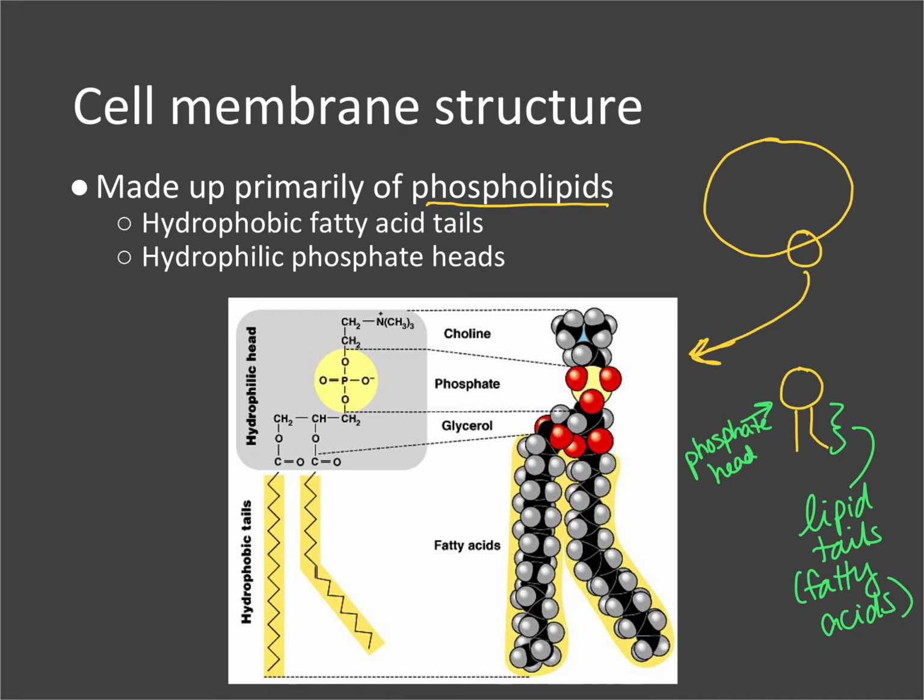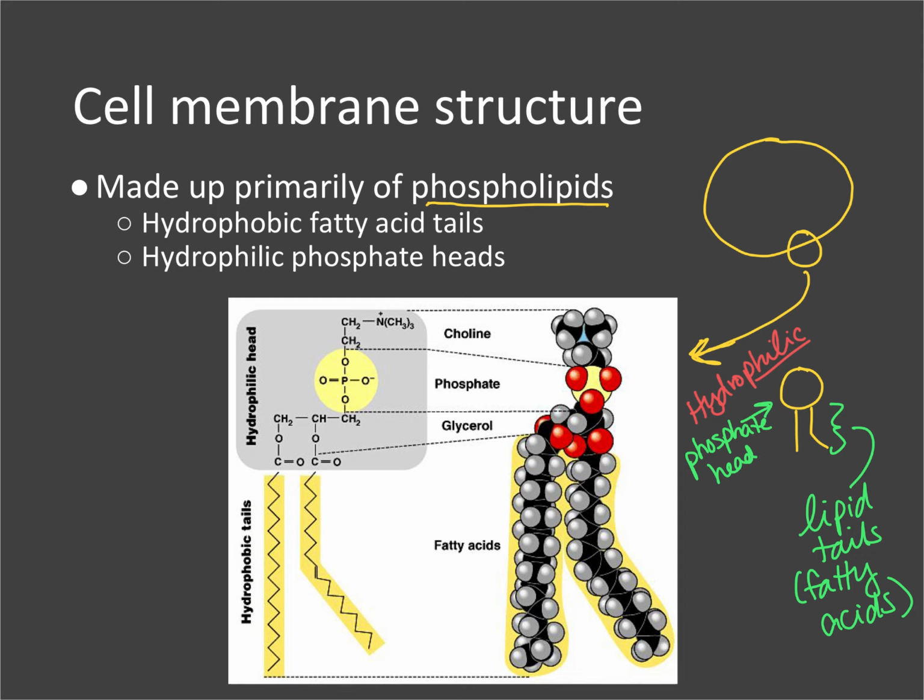And the key difference between these two parts of the molecule is whether they are hydrophobic or hydrophilic, because the heads, the phosphate heads up here, are hydrophilic. Remember, hydrophilic means that it is attracted to water.